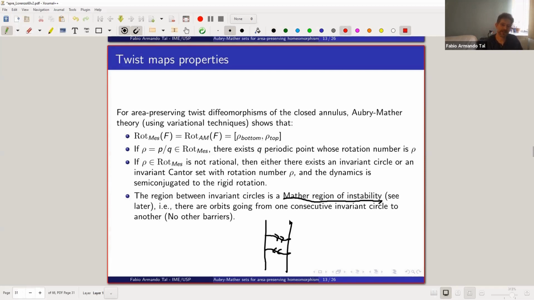Then this means that there is some orbit which is born in the lower circle and dies in the upper circle, and you also find some orbit which is born in the upper circle and dies in the lower circle, meaning the alpha limit is contained in the lower circle and the omega limit is contained in the upper circle, and vice versa. So it's some sort of impossibility. I mean, you cannot cut this region in between by any invariant set.